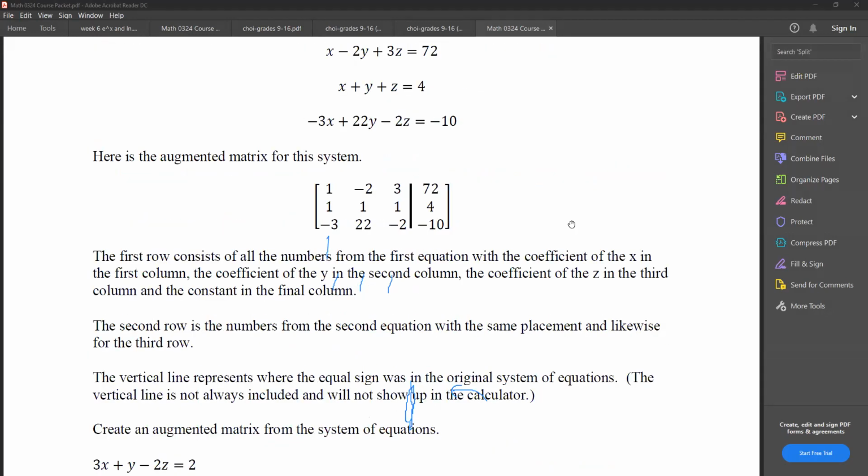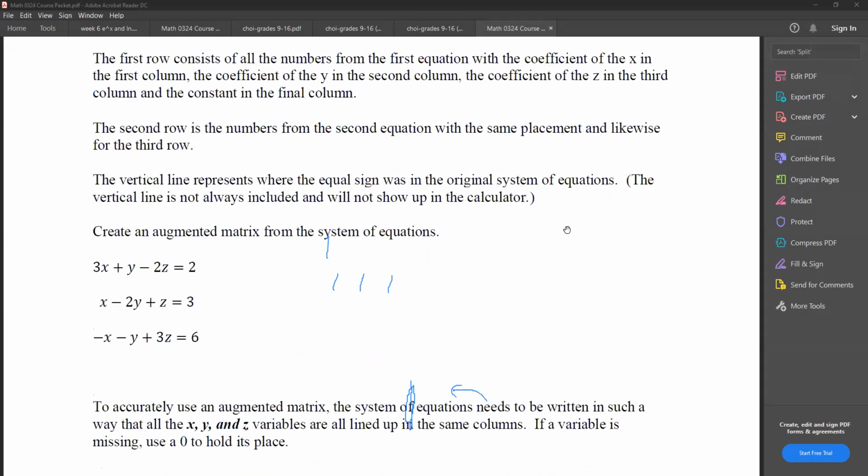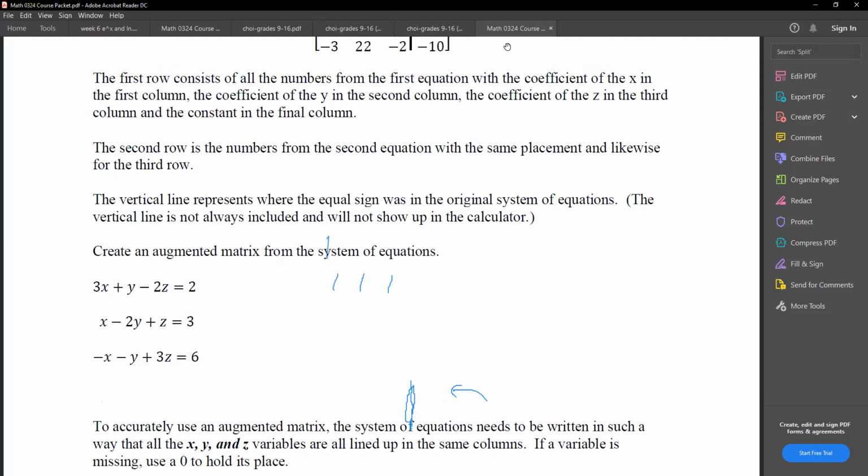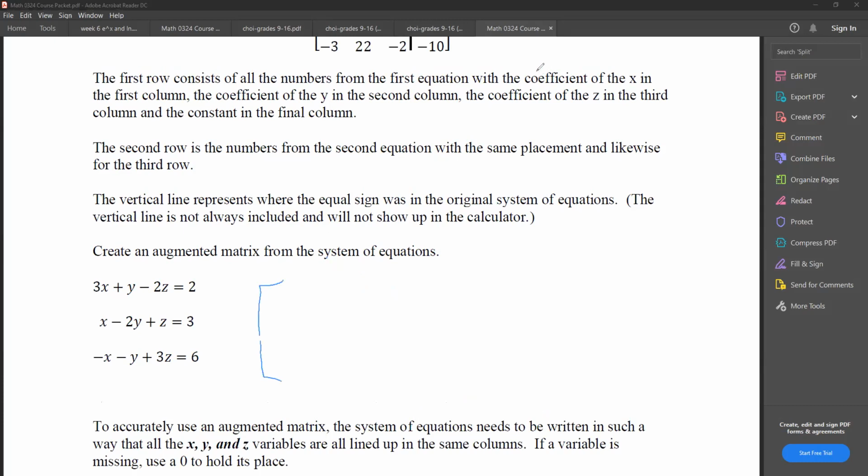So if I want to make an augmented matrix out of a system of equations, you have to make sure the x's, the y's, and the z's are all lined up. They are in this case. So basically all I do is make a matrix. The first equation, the coefficients are 3, 1, -2, and the answer is 2.